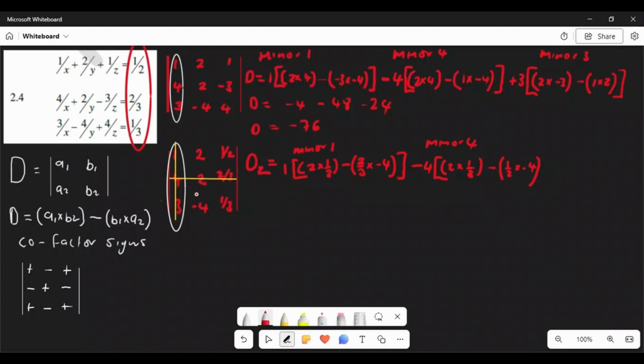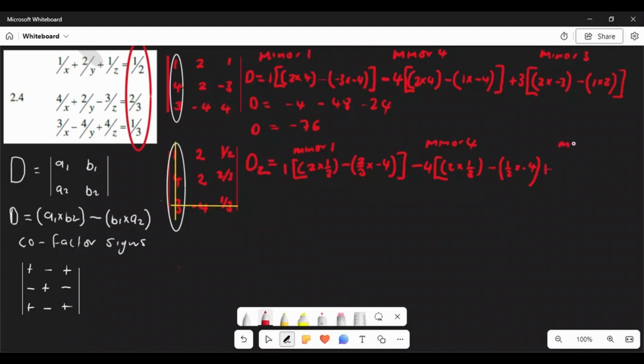We take this and scratch the row at which 3 is at. As you can see, 3 is at the first column and the last row, meaning we're going to scratch here. When you look at the cofactor sign for that position, it's going to be positive, so it's going to be plus. But what is our minor here?